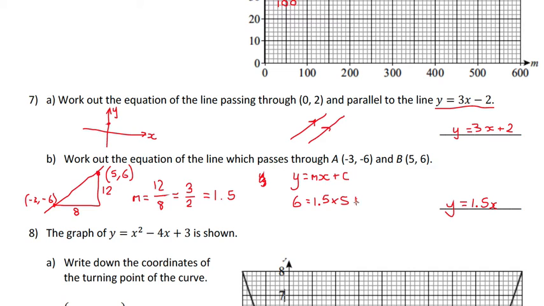So we can work out what c has to be from this. Now 1.5 times 5 is 7.5. So we know that 6 equals 7.5 plus c. So what must c be? c must be -1.5. And that's our equation.